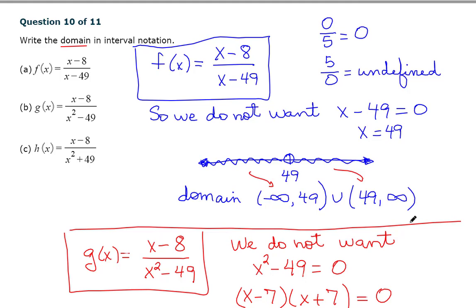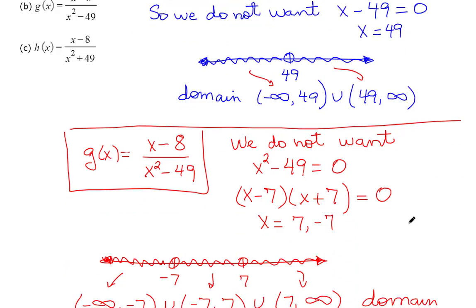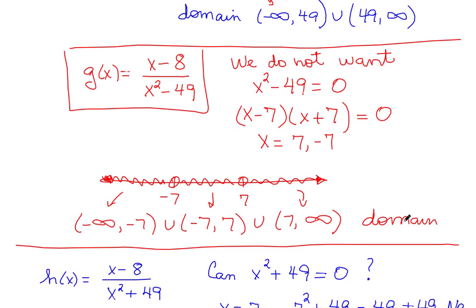All right, well, what about G? How is G any different? Well, some of it's still the same. And that is, I don't want the bottom to be 0. But I think this does factor into a product as the difference of two squares, x minus 7, x plus 7.